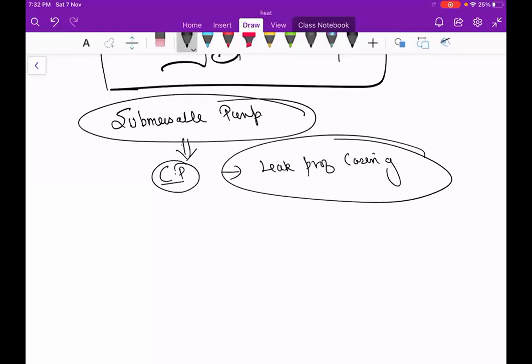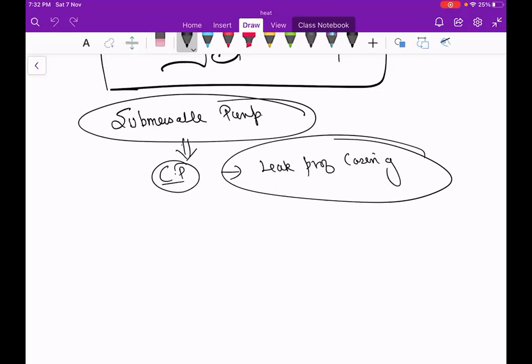This submersible pump is now used in the cooler also. If you have seen the old cooler, the pump is far away from the water. Now the pump you use in your cooler is deep inside the water. So that is a submersible pump, a small one.